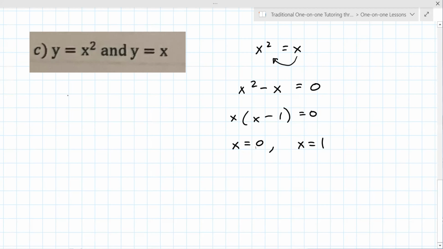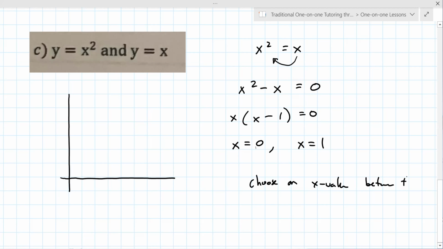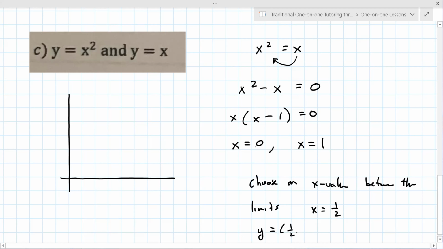So the sketch here, probably you know what these look like, but which is above, which is below? The way that you actually can do it without graphing, although I know you do need to graph, is you choose an x value between the limits. Like x equals 1/2. In the first case, y equals 1/2 squared, which is 1/4.